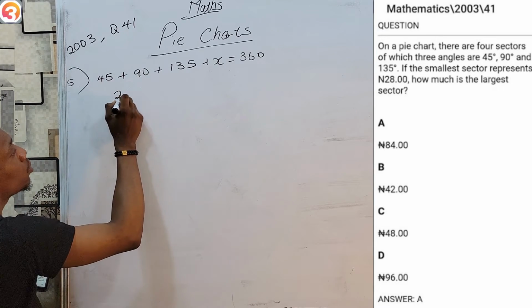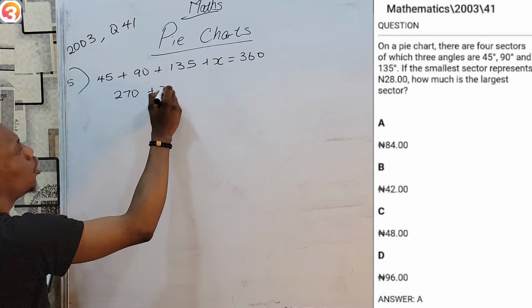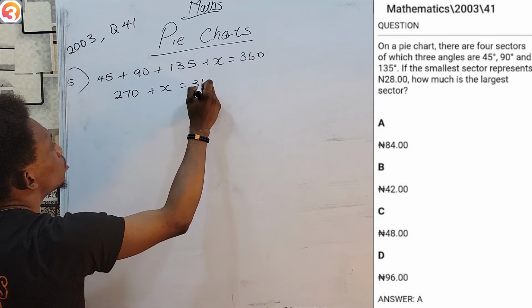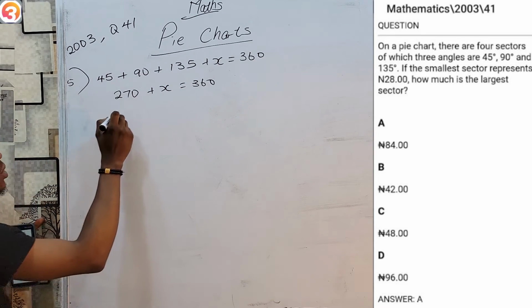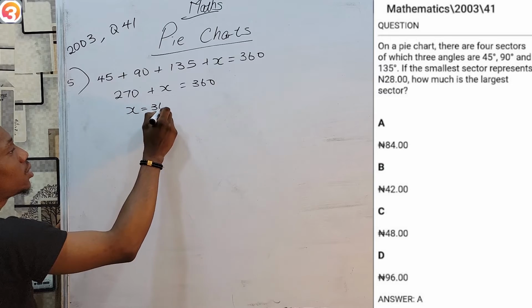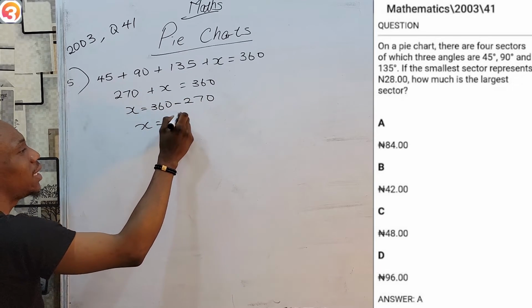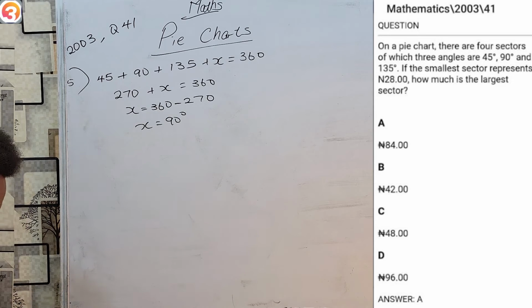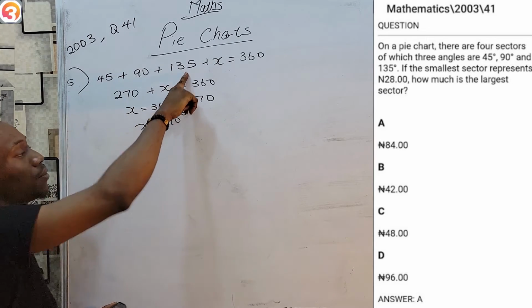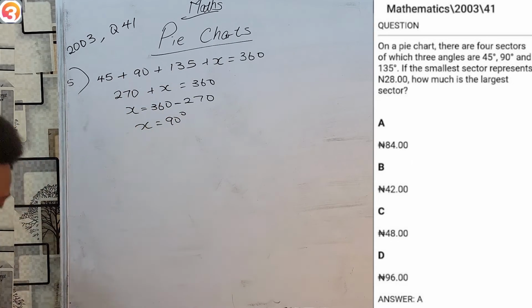This should give me about 270 plus x equals 360. Collect like terms, x will be 360 minus 270, which is 90 degrees. See? So now I know the missing angle. I know the 4 angles must be 45, 90, 135, and then another 90.